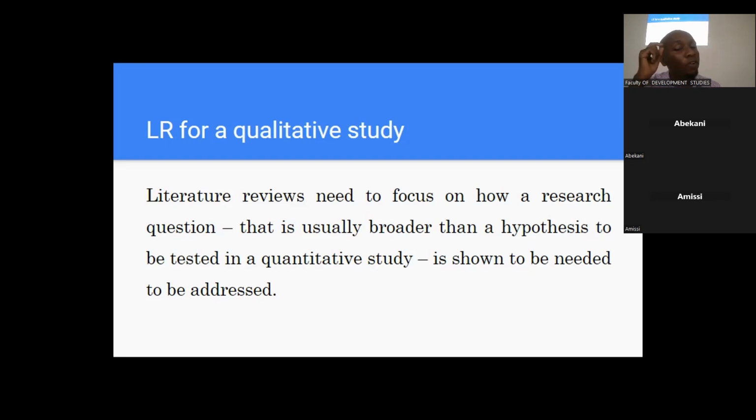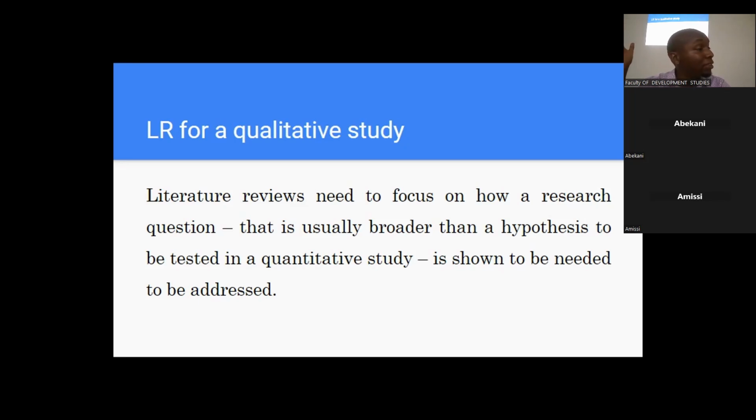So, literature written for a qualitative study, this is how it looks like. It needs to focus on how a research question is shown to be needed to be addressed. That is usually broader. The research question is broader than a hypothesis to be tested in a quantitative study. So when you are doing a literature review for a quantitative study, you focus on the hypothesis: everybody who believes in the Munyarwanda is reconciling with his neighbor.